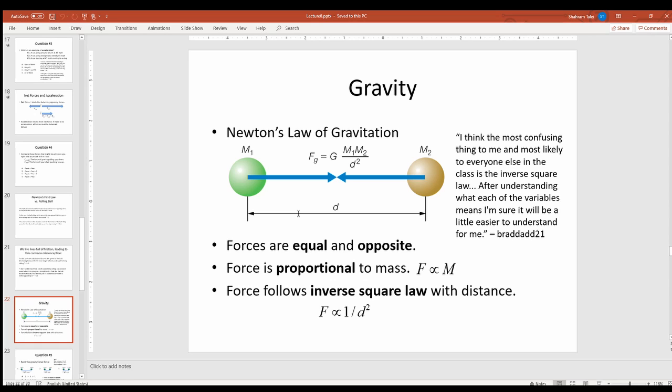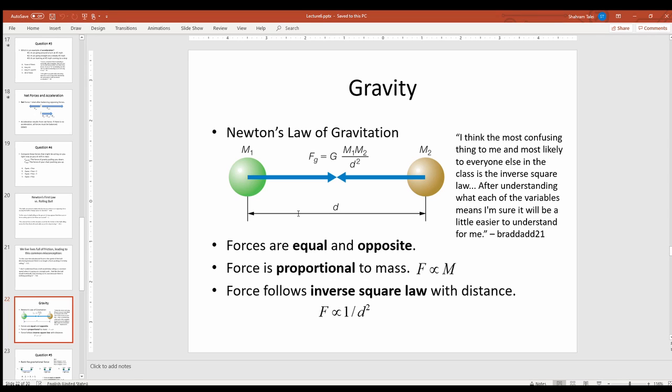We also have Newton's law of gravitation. Let's say we have two objects, m1 and m2, two masses like the Sun and the Earth, and their separation is d. In this case, there is a gravitational force equal to a constant times m1 times m2, divided by d squared.